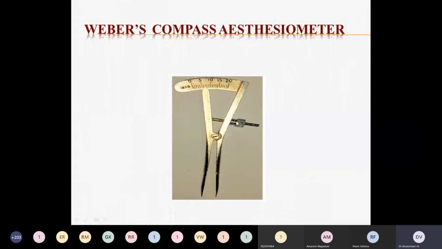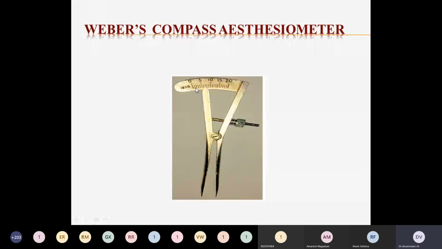There is an adjustable screw here, and these are the ends of the limbs. Adjust these limbs to minimum and apply, and you find out whether the person is able to perceive it as a single stimulus or two stimuli. Clear?